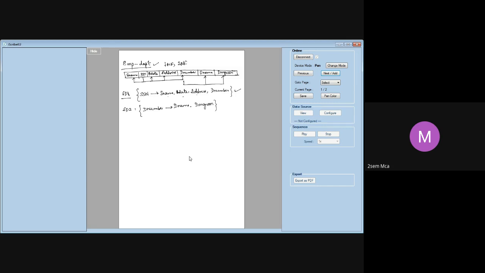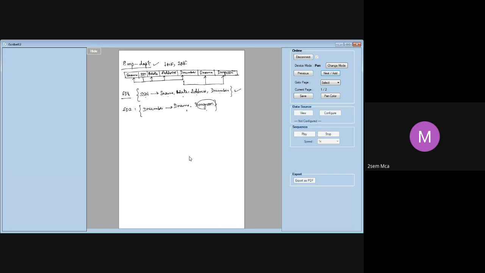The second functional dependency says that D number determines D name and DMGR SSN. Now, this particular table, EMP-DEPT, is not in 3NF. Why? Because of the transitive dependency of MGR SSN on SSN via D number.